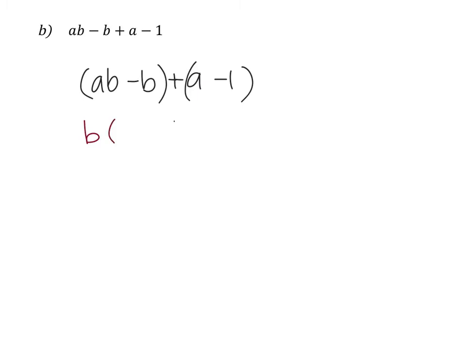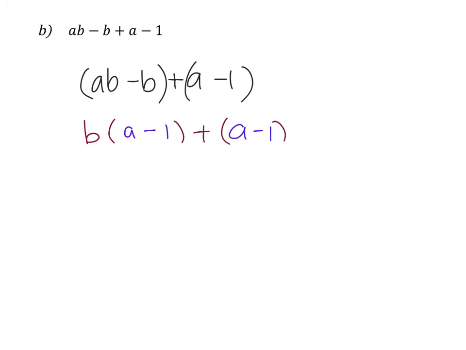And again, let's see what we have in here. ab divided by b, I have a. Negative b divided by b is going to be negative 1. Looking at the second one, it doesn't have anything in common, so I'm just going to leave it as a minus 1.